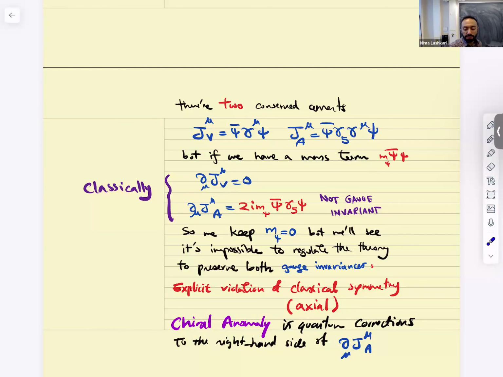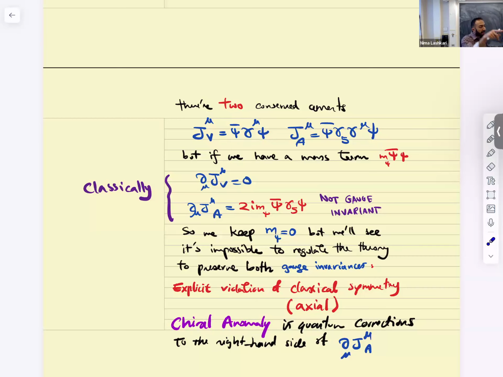By the way, what is the dimension of this current? What's the operator dimension? What's the dimension of psi? The dimension of psi del psi is d, which means that psi has dimension (d minus 1) over 2.